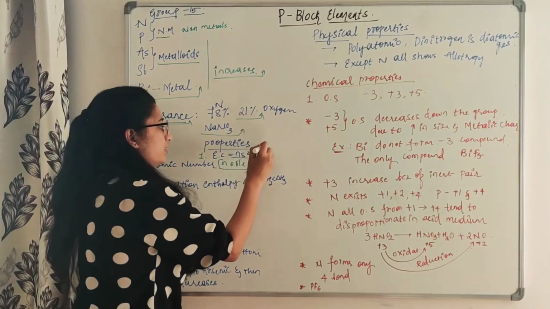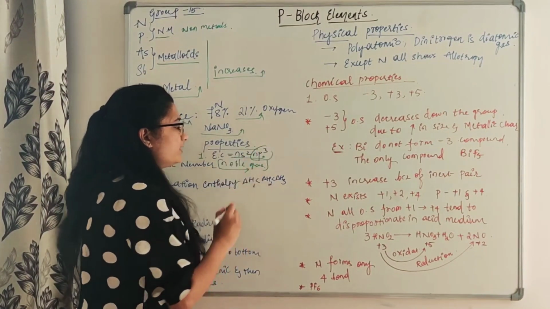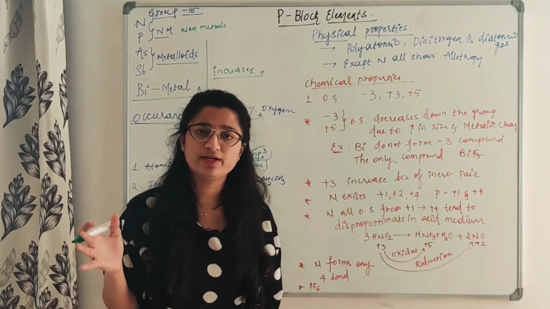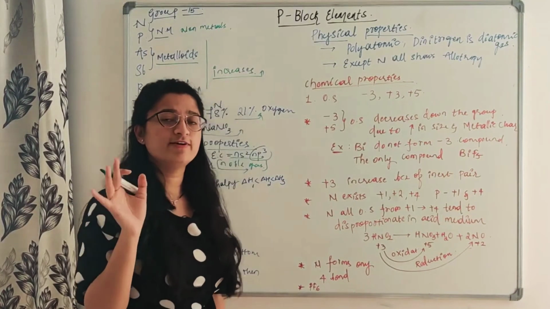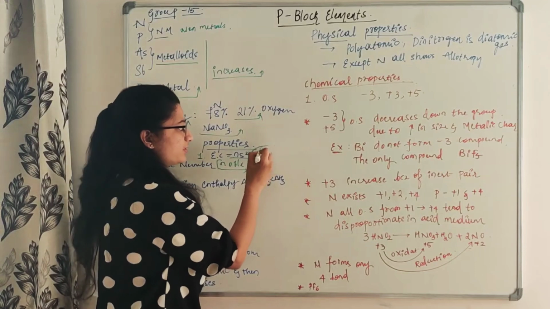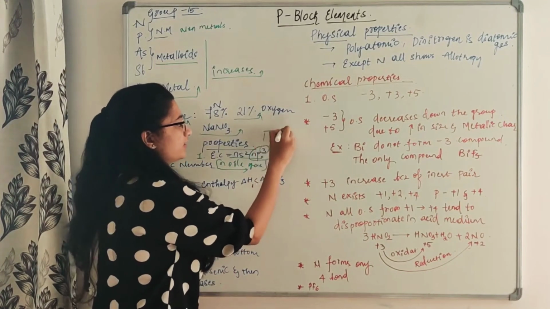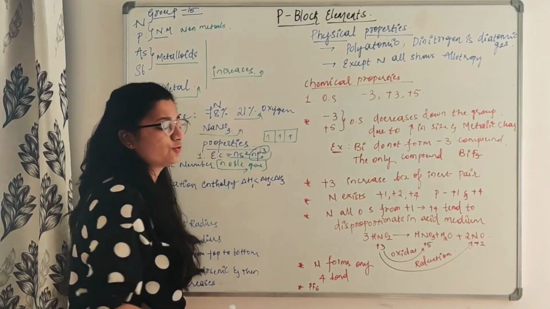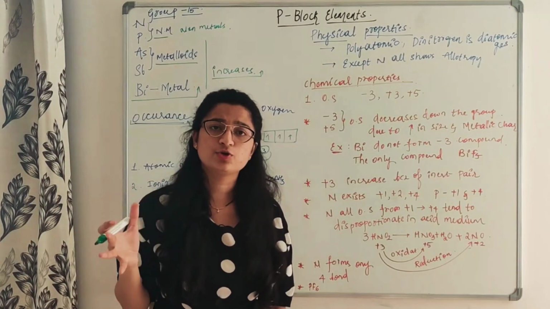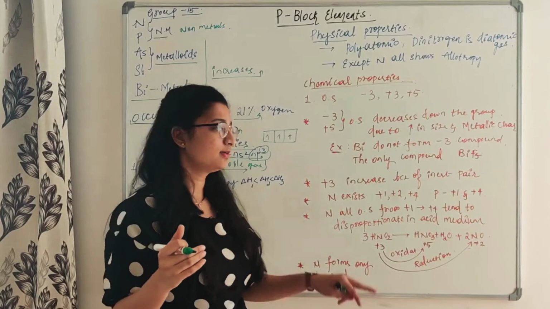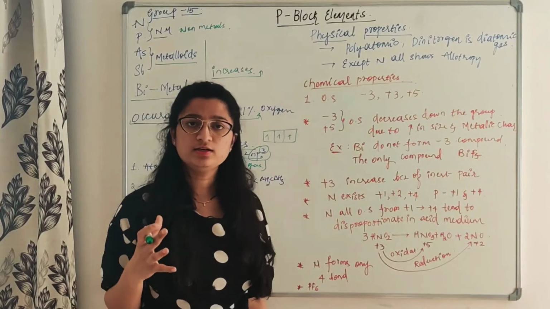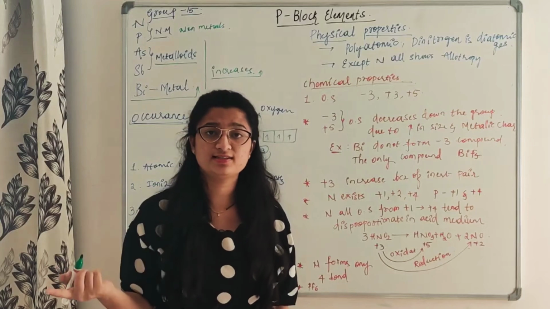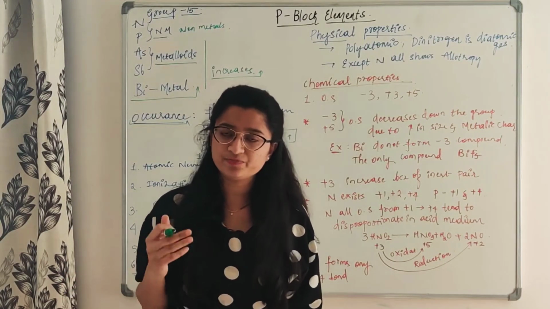Here the s orbital is completely filled, whereas the p orbital, which can accommodate 6 electrons, has the electronic configuration of 3, that is, it is half filled. Because of the presence of this half-filled configuration, it gives extra stability to these group 15 elements.